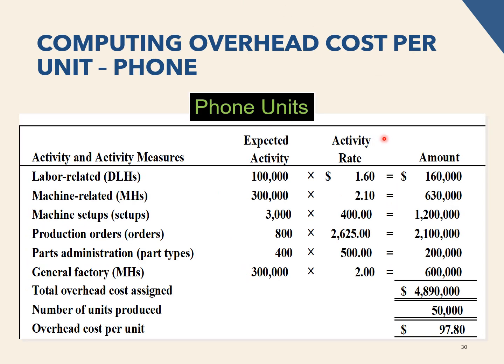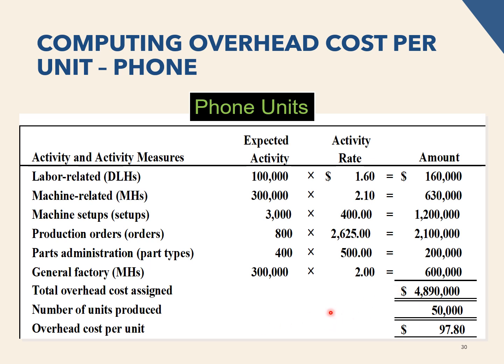Based upon the activity rates calculated in the previous slide, we now can compute the overhead cost per unit for phones. Here is the activity and activity measures, here is expected activity, and this one is activity rate. Based upon this information, you can get a total overhead cost assigned for phones, that is $90,000.